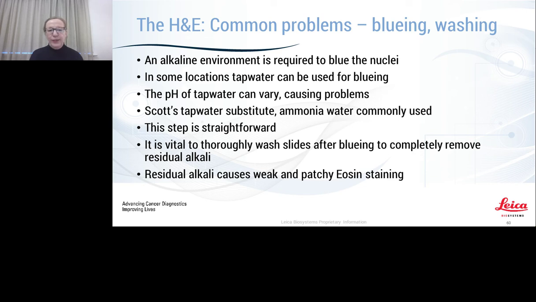If you're using tap water, changing the pH in any step can have an effect. So you could use Scott's tap water substitute, again, either commercial or make up your own. Ammonia water is commonly used. And this is purely to blue the nuclei, particularly after both progressive and regressive hematoxylin.